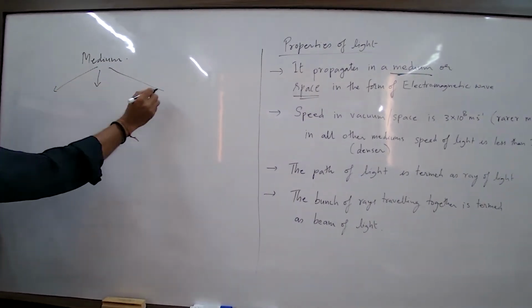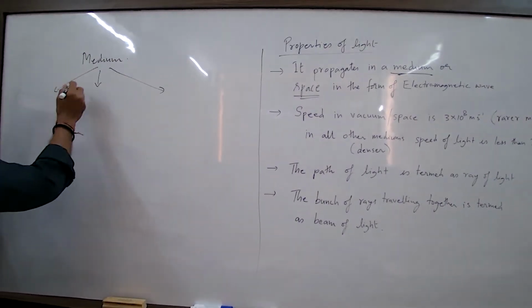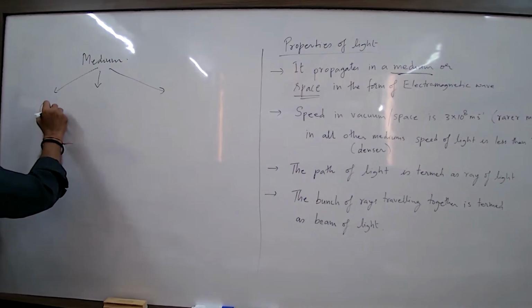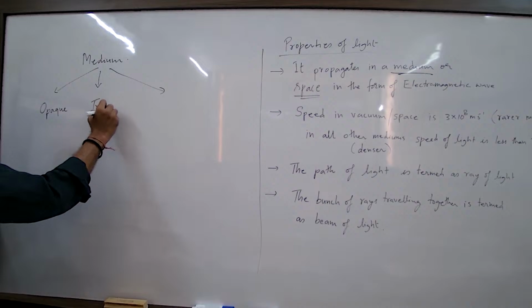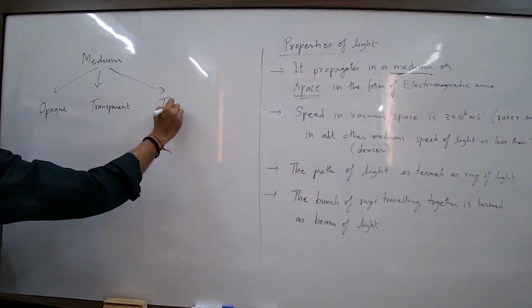These are of three types. One is free space, that is no medium. But medium could be like opaque, transparent, and translucent.